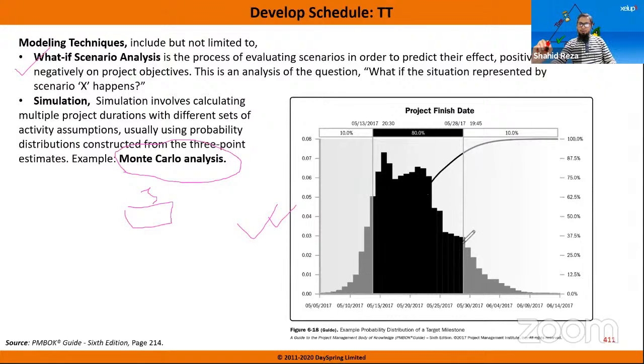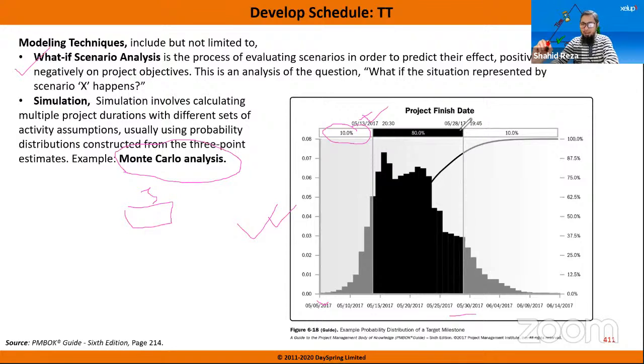For example, this is the 30th of May 2017, and this is 13th May 2017. If management wants to finish the project by 13th of May, the probability is only 10%. You can finish by 13th May with only 10% probability.